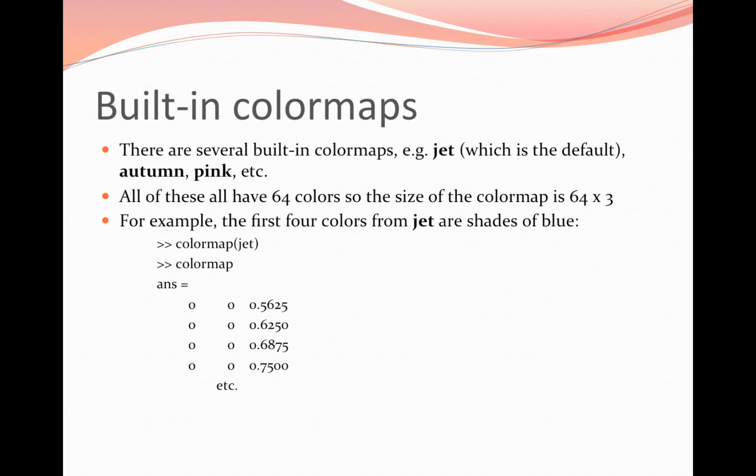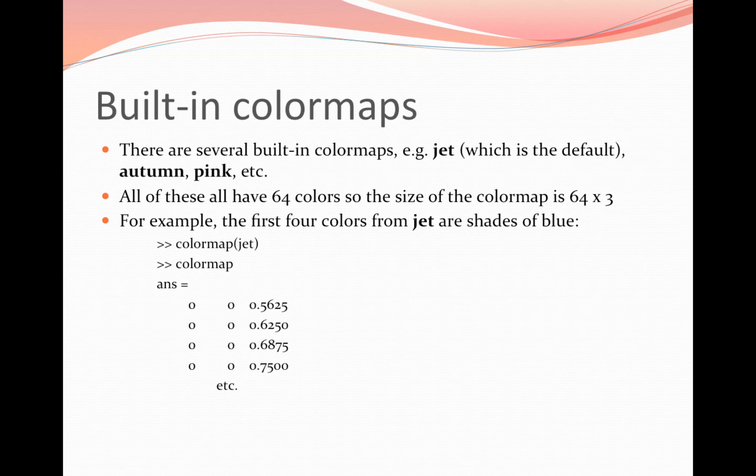So for example, if we make sure that JET is the color map by saying colormap(jet), that would be the default, but if we've changed it, then we're changing it back here to be JET. And then if we use the colormap function by just calling it with no arguments, it will display the 64 colors in the JET color map. So we can see, for example, that the first 4 colors are actually shades of blue.